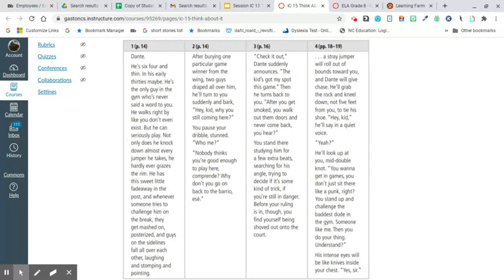And this is another 2 pages later. A stray jumper will roll out of bounds toward you, and Dante will give chase. Now you're back on the bench. He'll grab the rock and kneel down, not 5 feet from you, to tie his shoe. "Hey, kid," he'll say in a quiet voice. "Yeah?"